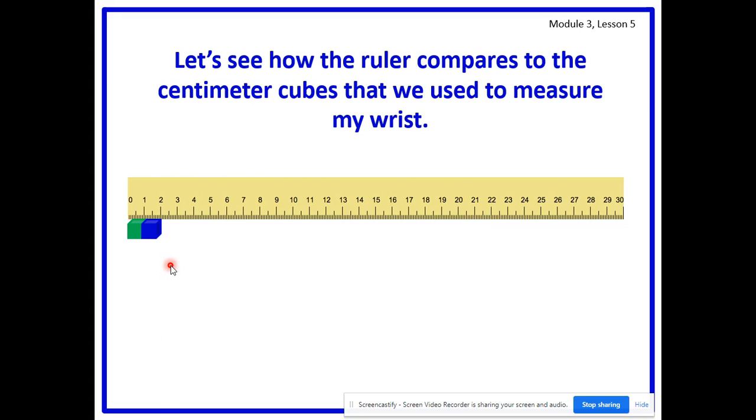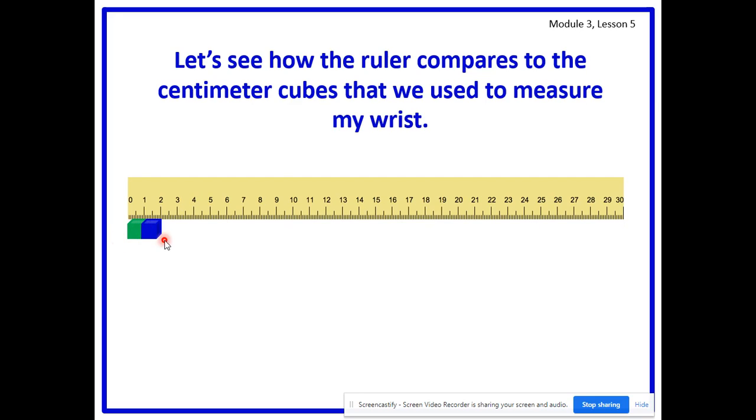Now we have 2 cubes. What do you notice now? Share. And let's bring it back in 3, 2, 1. Eyes on the screen. Yes, that if I lay down the next centimeter cube, you see how it's 1 more centimeter.